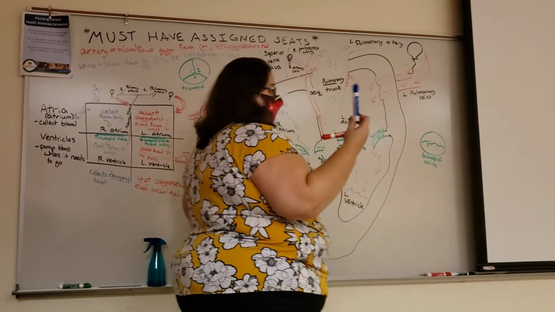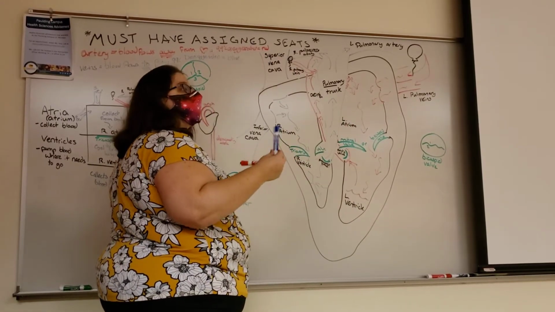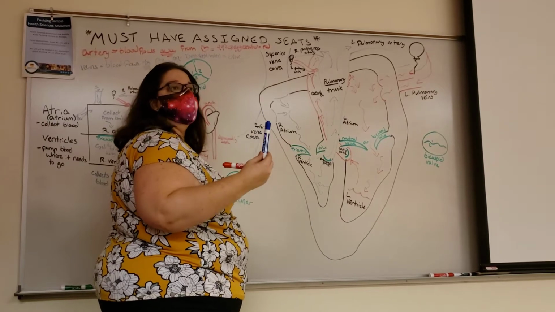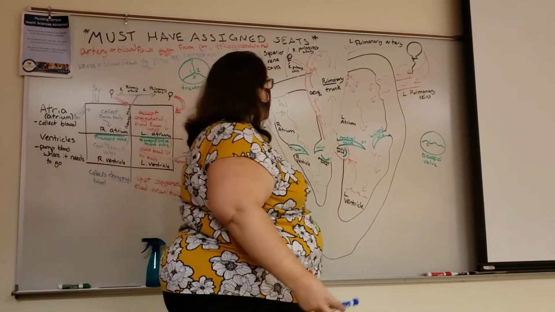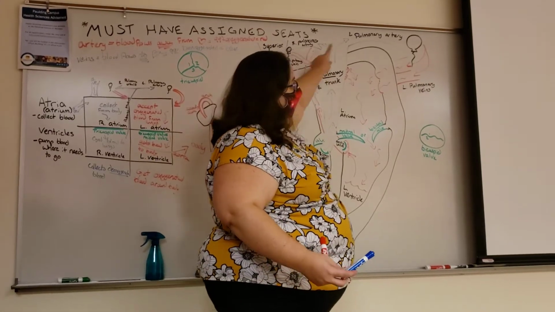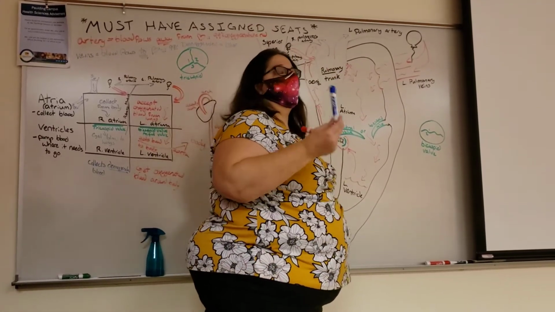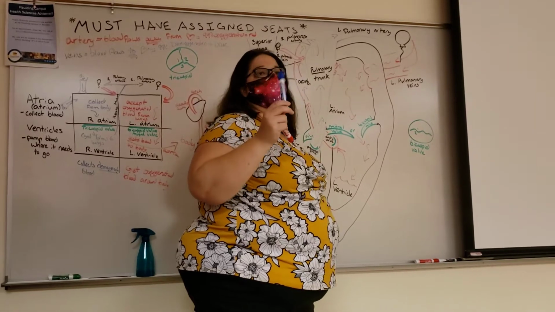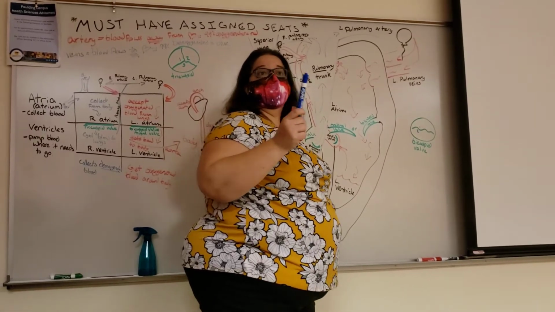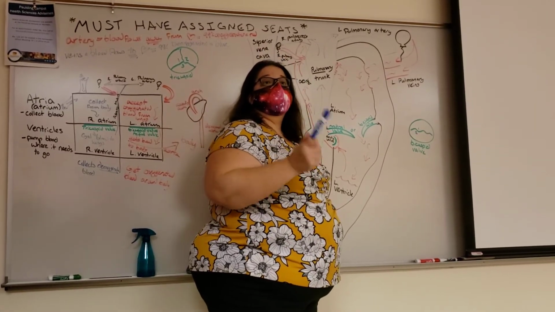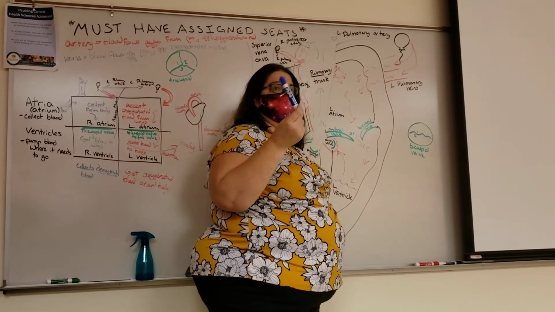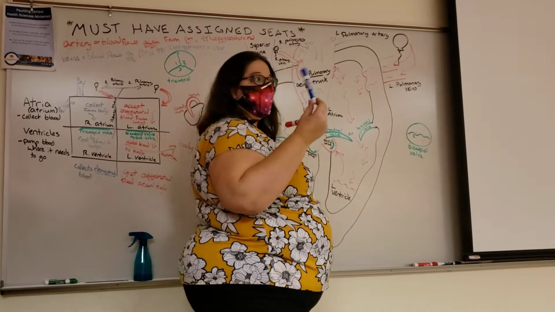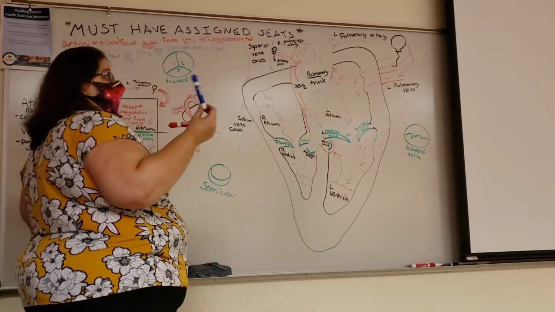But that is deoxygenated blood that is going back to the lungs to get oxygen. Because the blood is deoxygenated, your pulmonary trunk and your pulmonary arteries are always going to be blue because the blood doesn't have oxygen in it. Even though they are arteries and the blood is flowing away from the heart, it's deoxygenated blood, so it's blue. Don't get confused by that color on that one artery system.